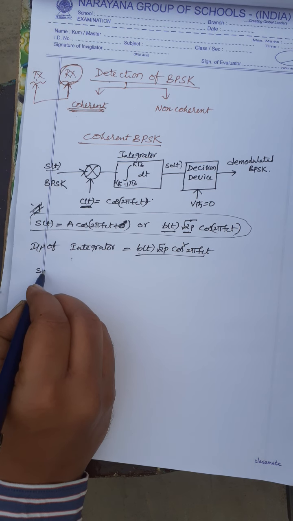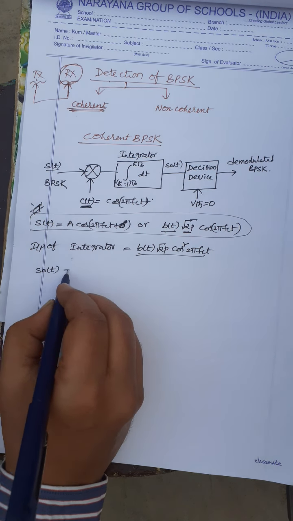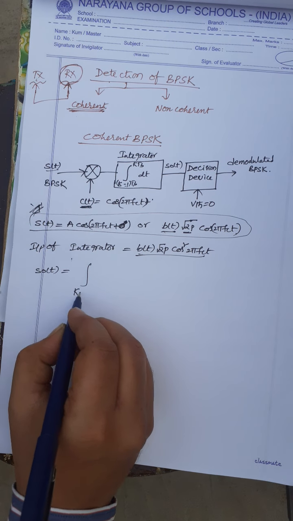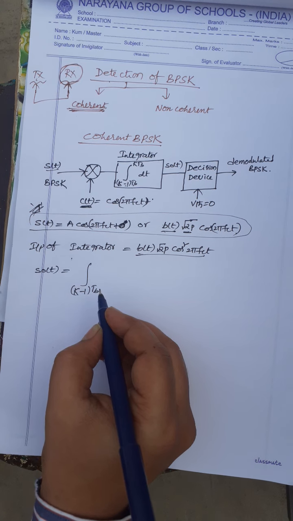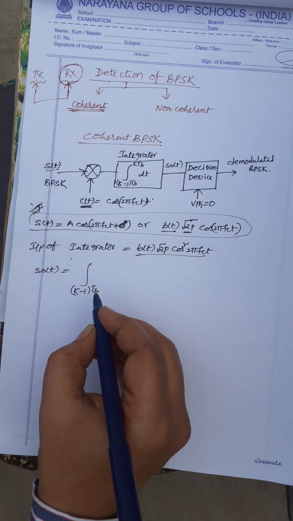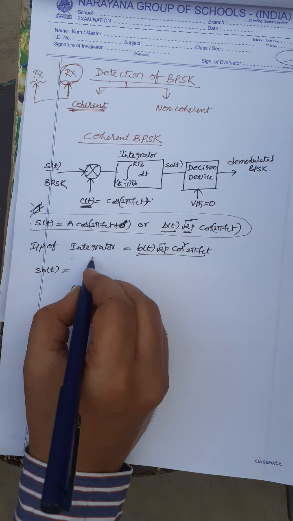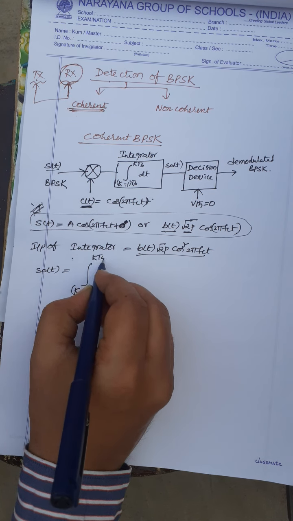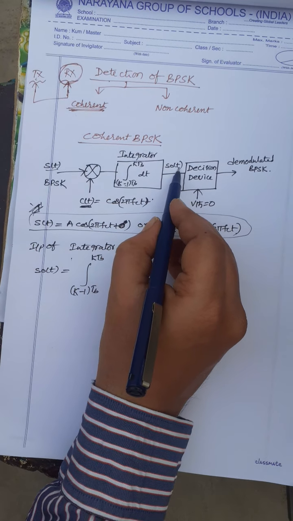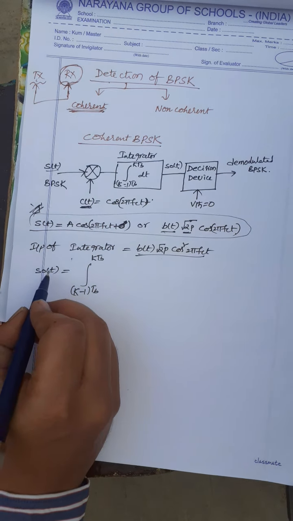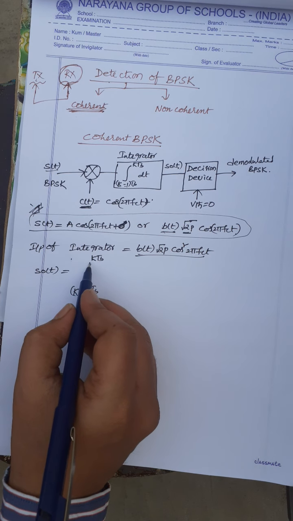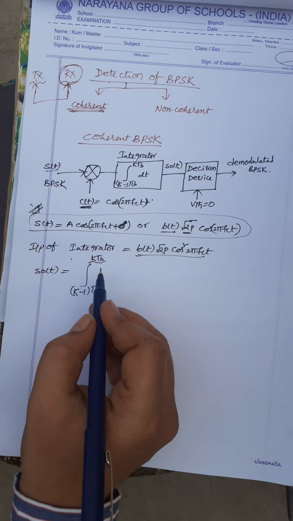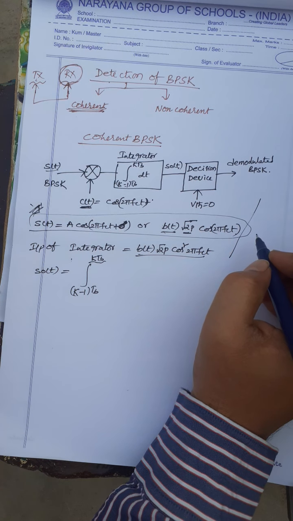Output of the integrator is S naught of t equal to integral k minus 1 TB to KTB. So wherever there is t, I want to write S naught of t because of the kth TB duration.